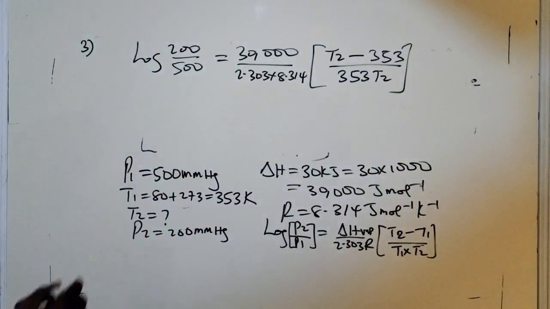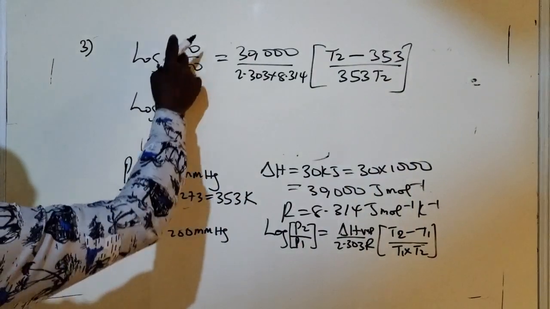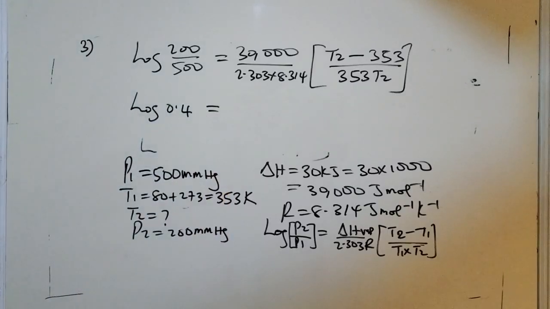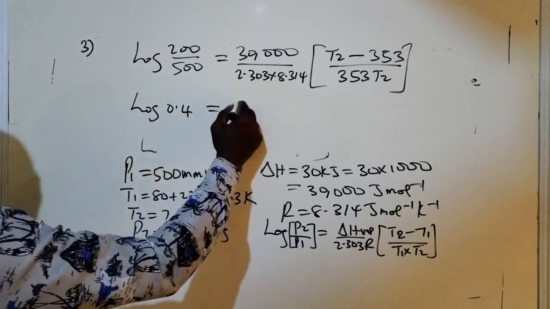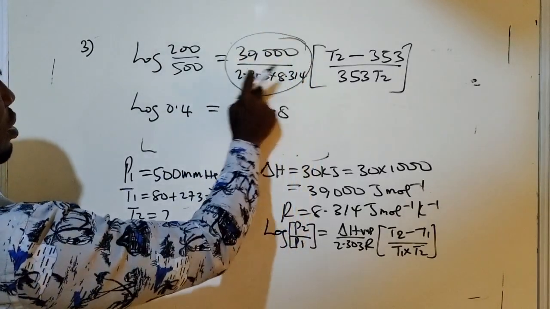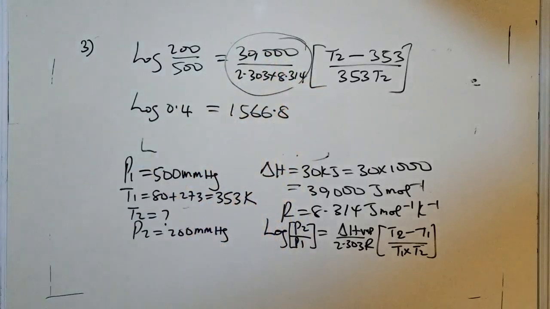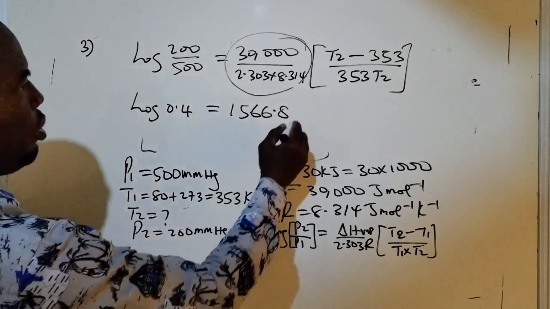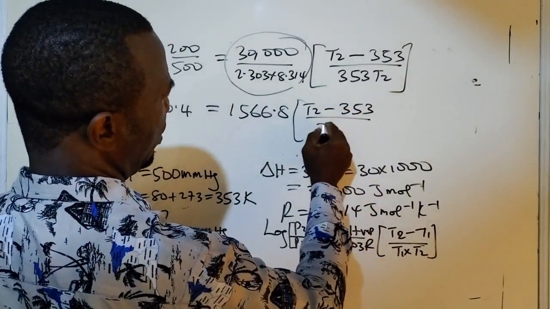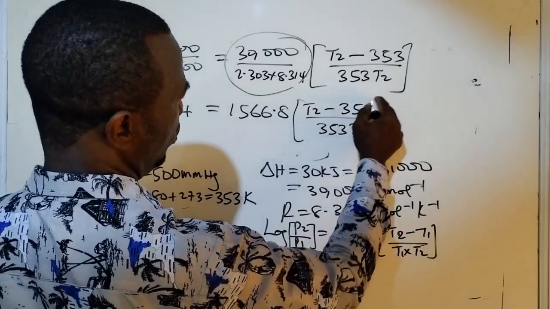So solving, we have log 200 over 500 give you 0.4, equal to, solving out this 30,000 divided by this denominator, you have 1566.8 into T2 minus 353 all over 353 T2.